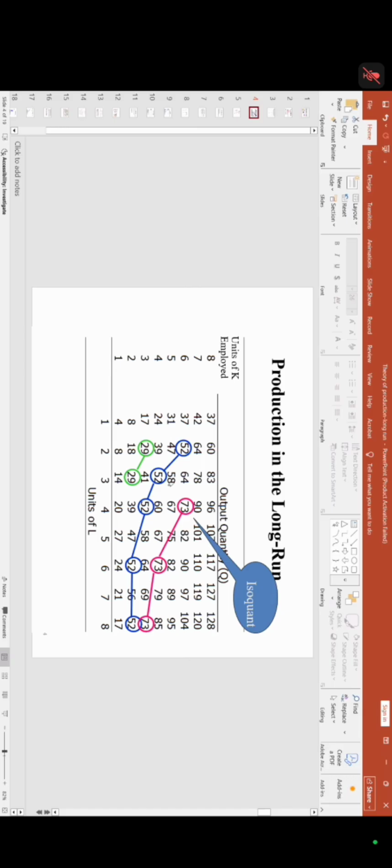Okay, but here you need to compromise. If you are using 6 capital, you cannot use 6 labor here to produce 73. You cannot use both. If you are going to increase capital to 6, you may go with 4 labor. If you are going to increase your labor units, you need to decrease your capital usage here.